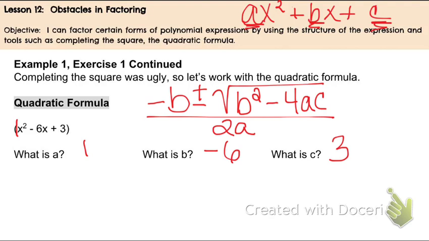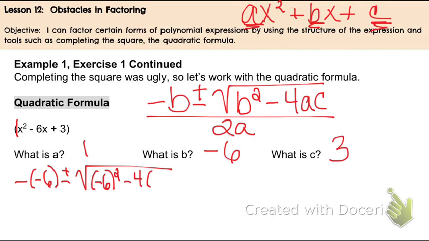So the opposite of b, so the opposite of negative 6, plus or minus the square root of b squared minus 4 times a, which was 1, times c, which is negative 3, all of it over 2 times a, which is 1. So now I'm going to simplify this.